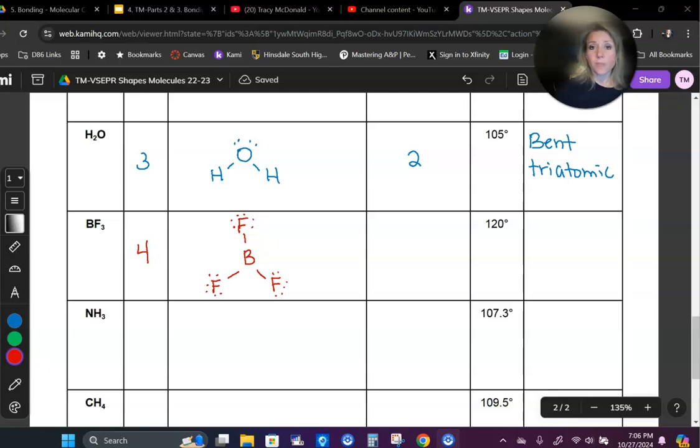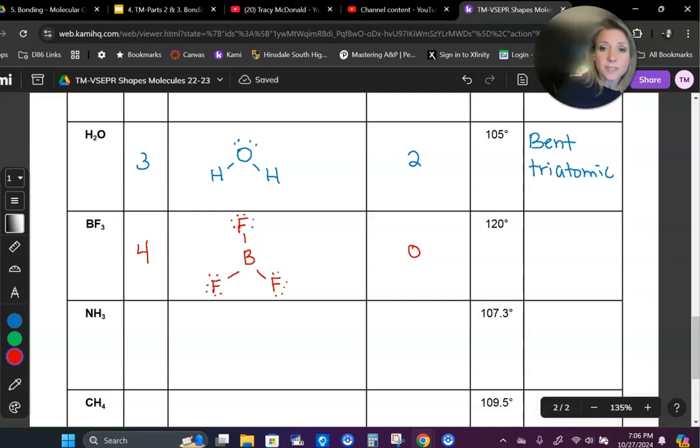And do I have any unshared electron pairs around my boron? Do I have any dots around that central atom? No, I don't. So I'm going to put a 0 here. And so what this does is it allows the fluorines to spread out evenly around my boron.